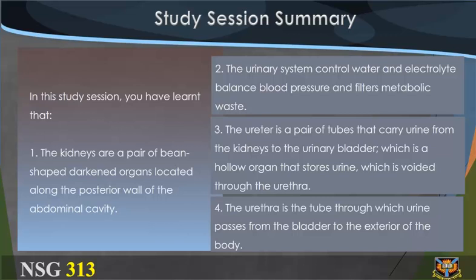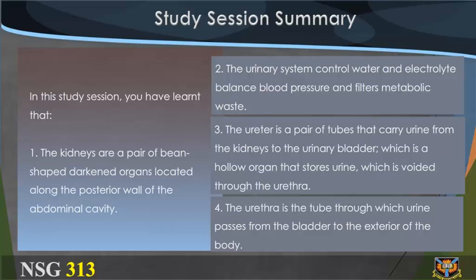Study section summary. In this study section, you have learned that: 1. The kidneys are a pair of bean-shaped organs located along the posterior walls of the abdominal cavity. 2. The urinary system controls water and electrolyte balance, regulates blood pressure, and filters metabolic waste. 3.